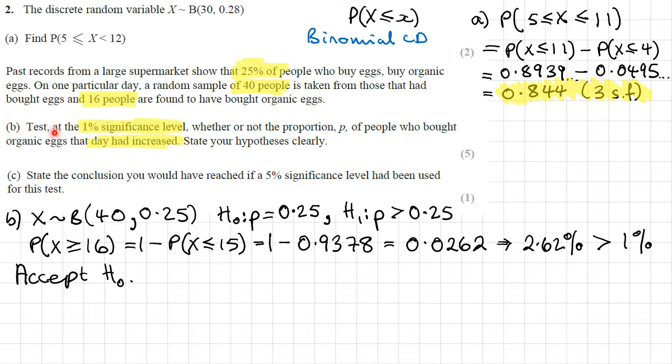We need to finish with a statement in context. So just look at what's here. We can almost copy it out. Whether or not the proportion P of people who bought the organic eggs on that day has increased.